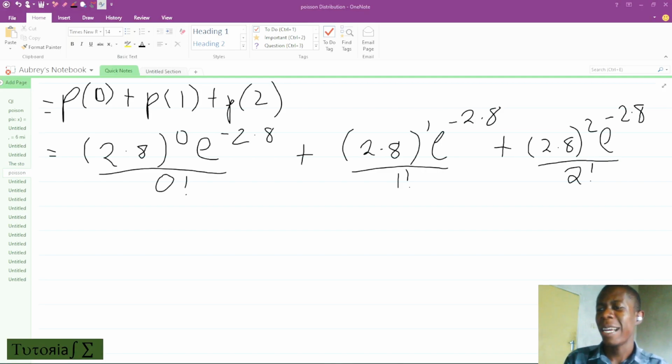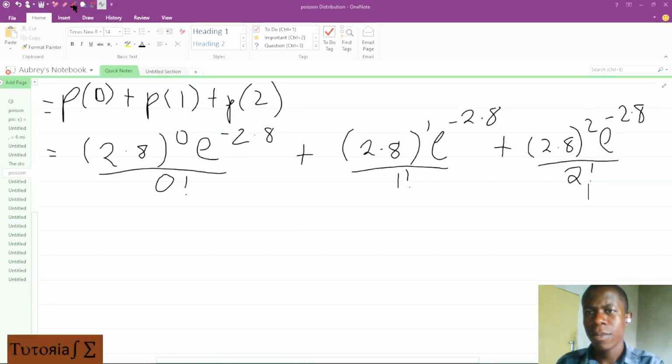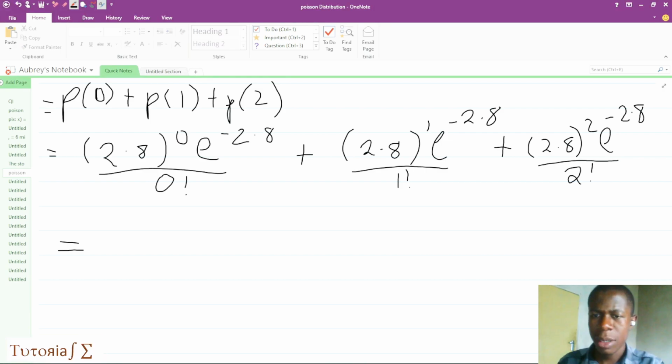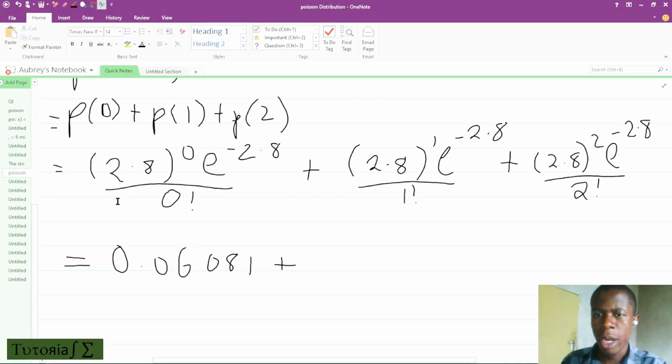Now you punch it into your calculator. So let's do that. 2.8 to the power 0 is just 1, then e to the negative 2.8 is 0.0601.